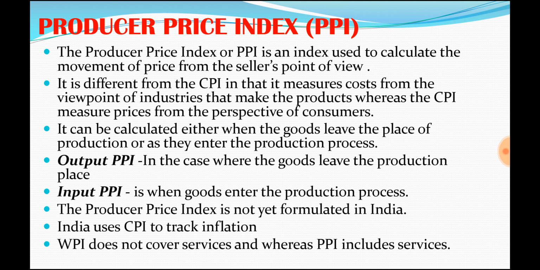For the product he is producing, he incurs cost for raw material and other things. What is the cost of production? That keeps changing from year to year, because raw material prices may increase. So that is measured.